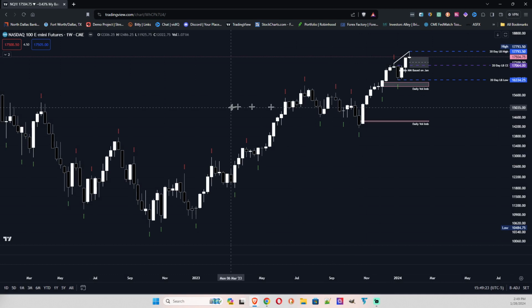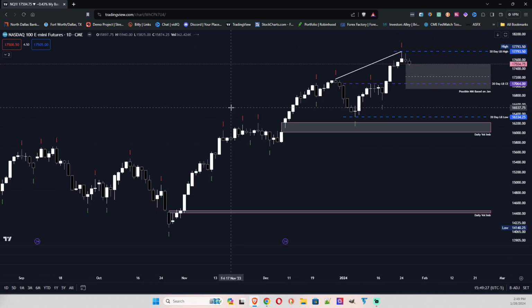Okay, here's a daily chart. These volume imbalances you can see here. Way down here, there's one from this candle's close to this candle's open.